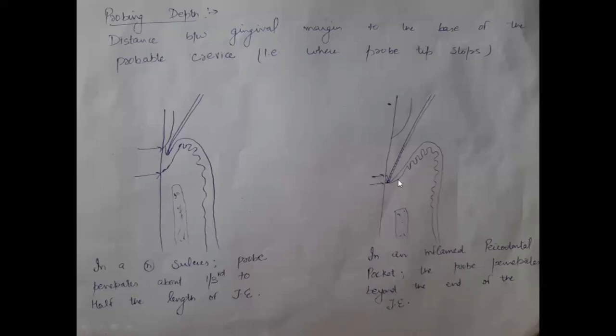I will explain it. Now, these two diagrams clearly demonstrate the histologic depth and the probing depth. Biological depth is from gingival margin to the base of the gingival sulcular epithelium, and the probing depth is from gingival margin to where the tip of the probe stops.